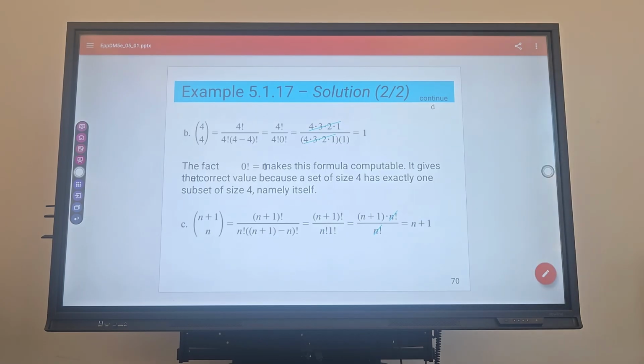And B is just 1, because you have a group of 4 and you choose 4, so you only have one option. And if you have n plus 1 options and you choose n, you're going to have n plus 1 possible combinations.